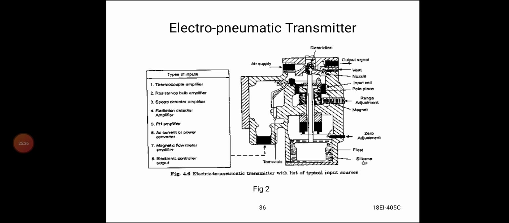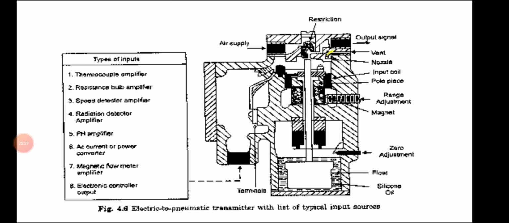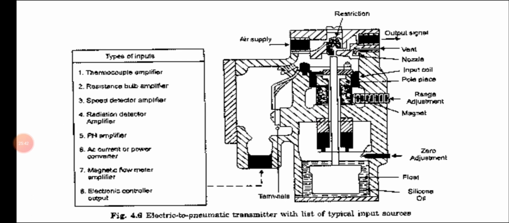Electro-pneumatic transmitter: air supply, restriction, output signal, vent and nozzle, input coil, pole piece, range adjustment magnet, zero adjustment, and float and silicone. Here the types of inputs are thermocouple amplifier, resistive bulb amplifier, speed detector amplifier, radiation detector amplifier, pH amplifier, AC current or power converter, magnetic flow meter amplifier, and electronic control output.